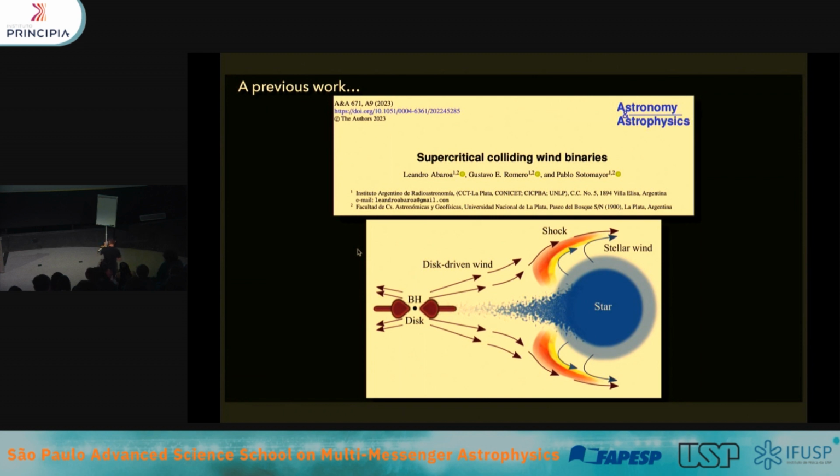The idea is that we have a stellar mass black hole gravitationally linked with a star, and the star has its wind, and the black hole, as it is supercritical, also has winds. The winds are ejected from this inflated supercritical disk, and the winds are going to collide, and we have shocks here where particles can be accelerated and non-thermal emission can be produced from radio to gamma rays.